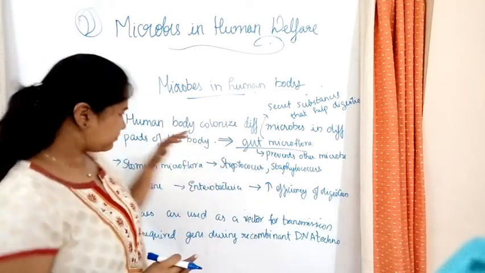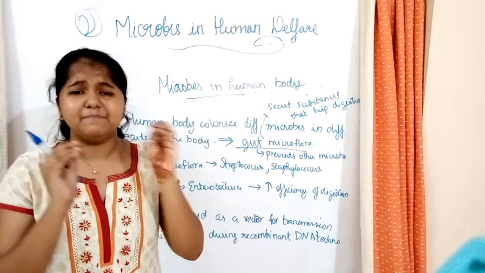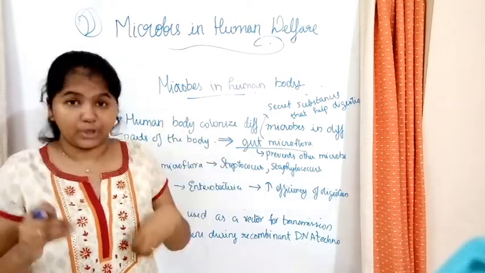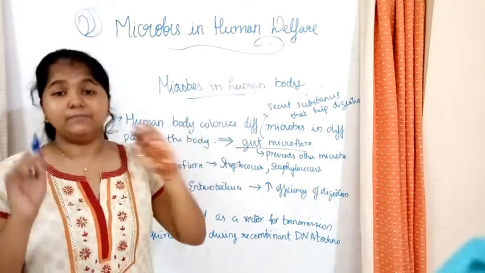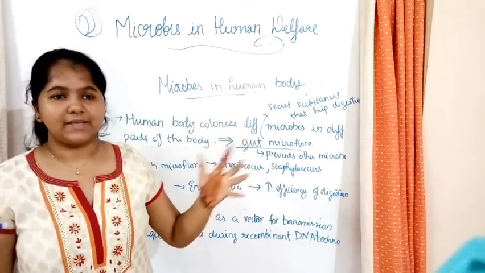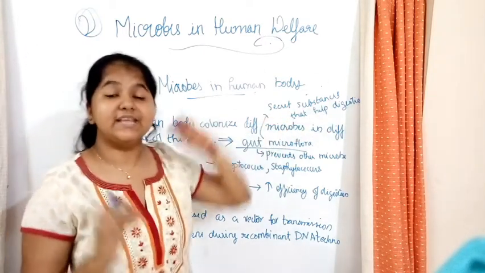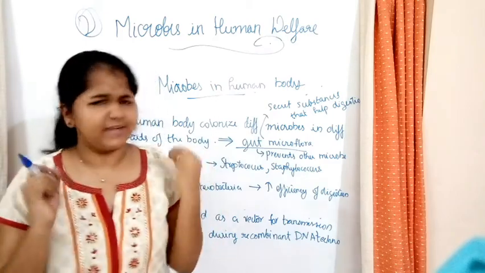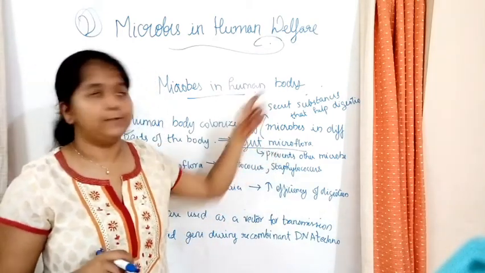The next, very important microbe in our body is gut microflora. Gut microflora has two significant properties. First, they secrete a substance that is very good for digestion, so it helps in digestion.